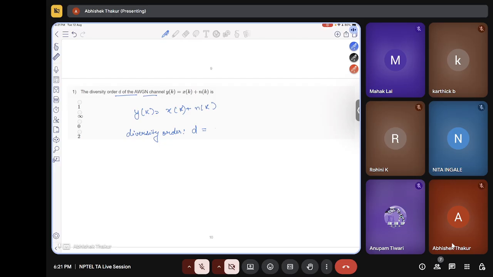D is equal to minus limit SNR tends to infinite log half e to the power of minus half SNR, divided by log of SNR. Okay, so now D will become minus limit SNR tends to infinite.